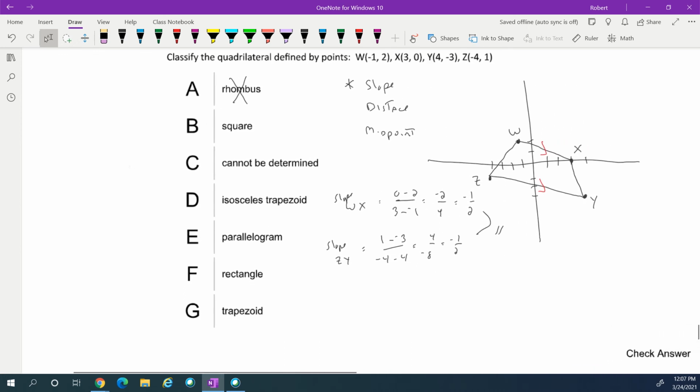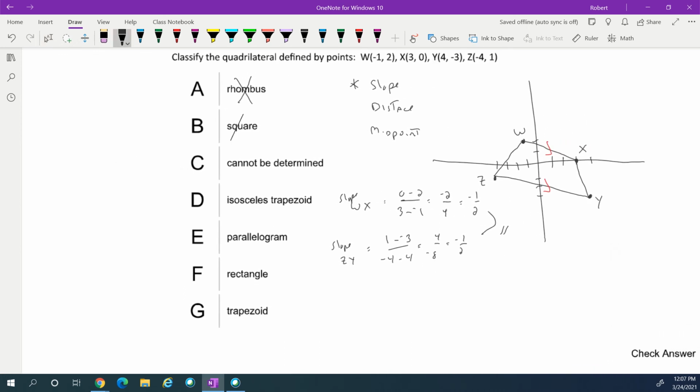So it can't be any kind of parallelogram. It's not a rhombus. It's not a square. It's not a parallelogram. It's not a rectangle. So far, we know that it is a trapezoid. So I'm going to cross off cannot be determined. So with a very quick slope calculation, we already know it's a trapezoid.